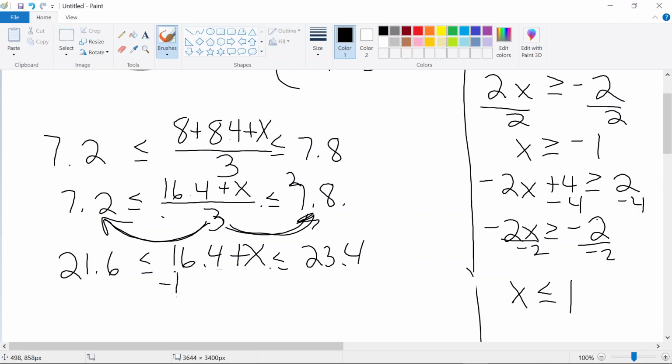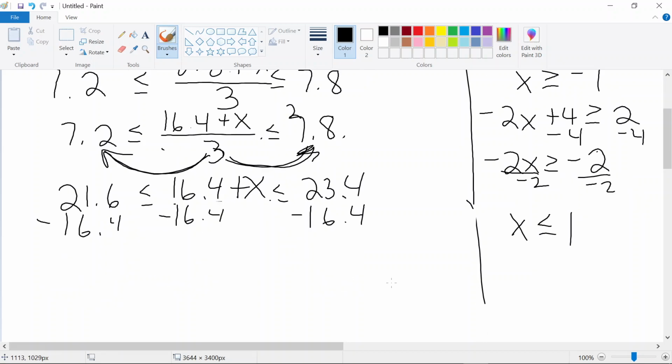Now I'll subtract that 16.4 both from the left and from the right. I'm just doing it all at the same time. And this is 5.2, less than or equal to x, less than or equal to 7. So it comes out the same way, except I just did it both at the same time.